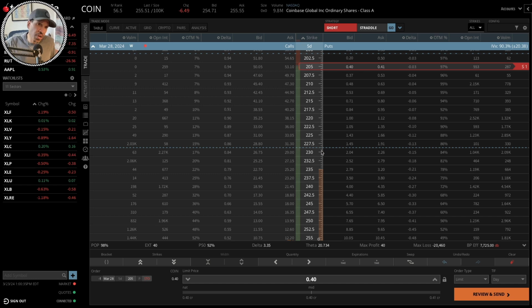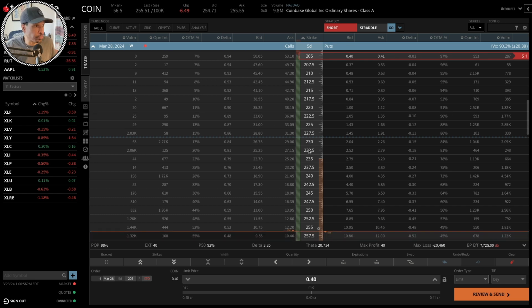As a result of what took place on Wednesday in the FOMC meeting, where the Fed confirmed that they're going to cut the interest rate at least 3 times this year, that was very favorable to the market. The market shot up, and Coin shot up as well.